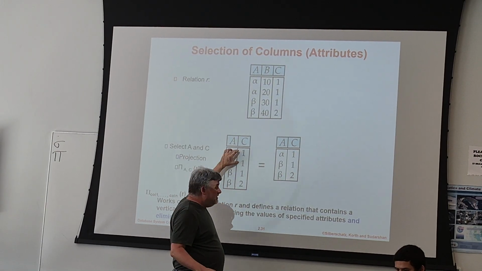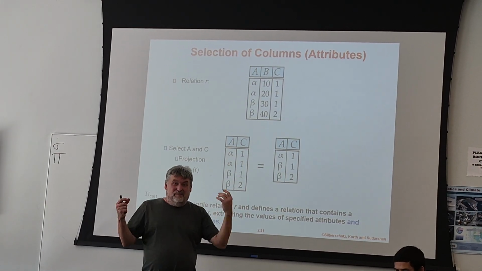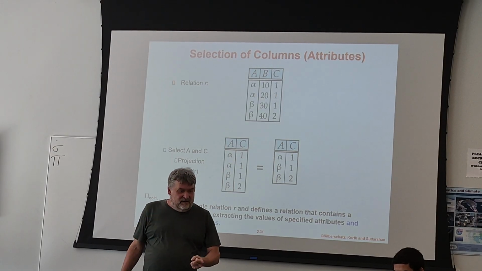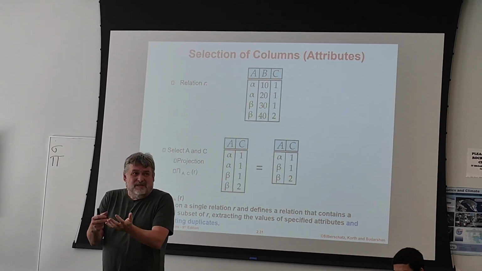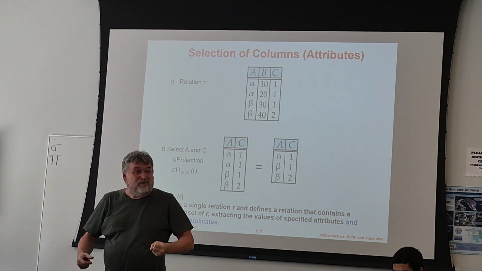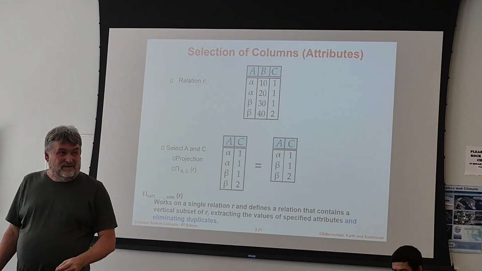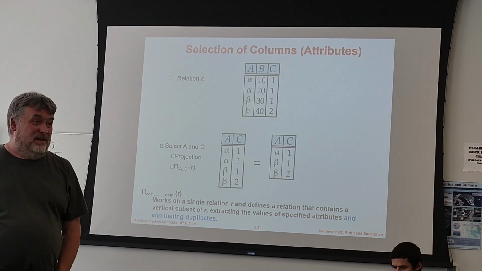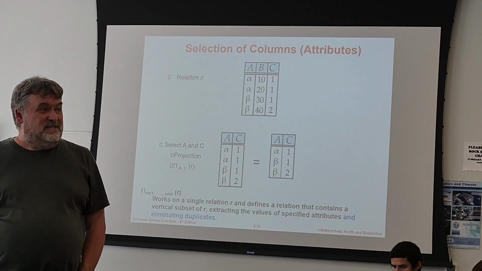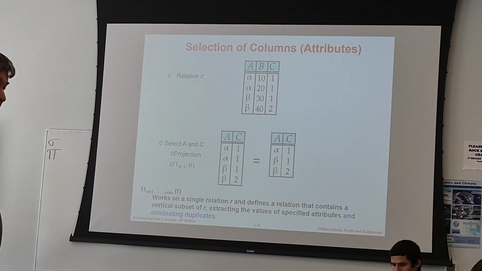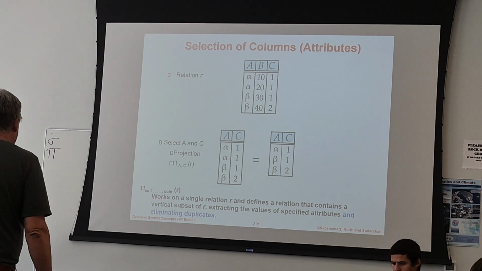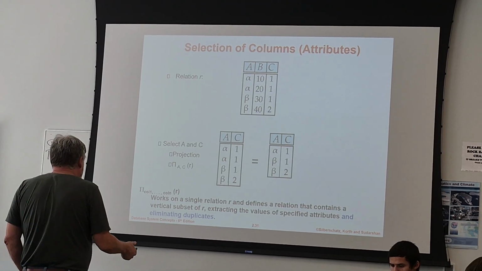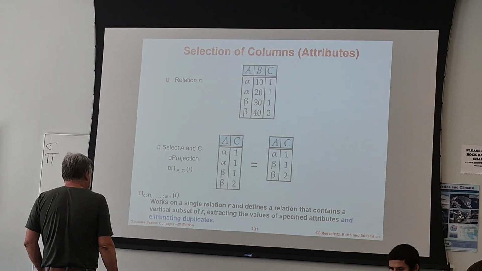Microsoft Access will give you duplicate rows because the result that it generates out of tables, it doesn't consider to be a mathematical set. But the author is getting a little detailed here when he says, in terms of sets, alpha 1 is basically the same as alpha 1. We're only going to return unique values in our mathematical set.